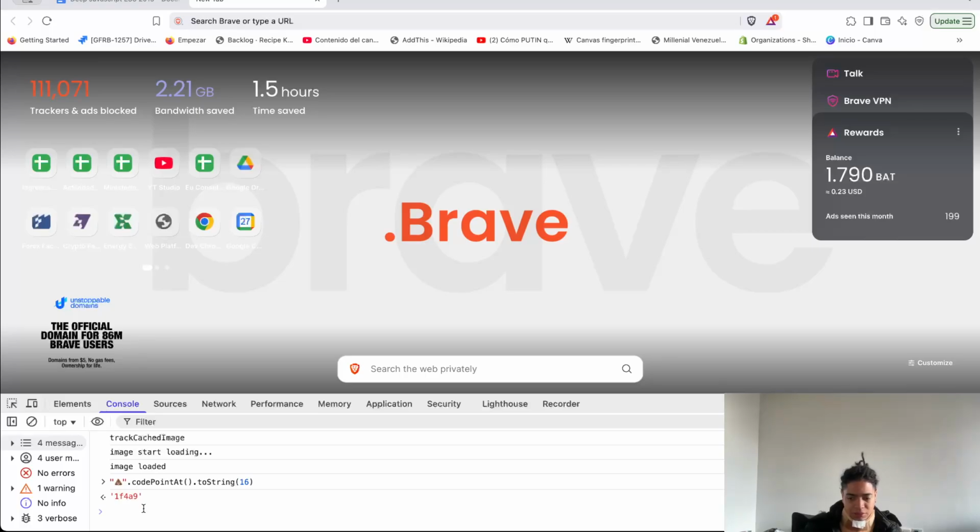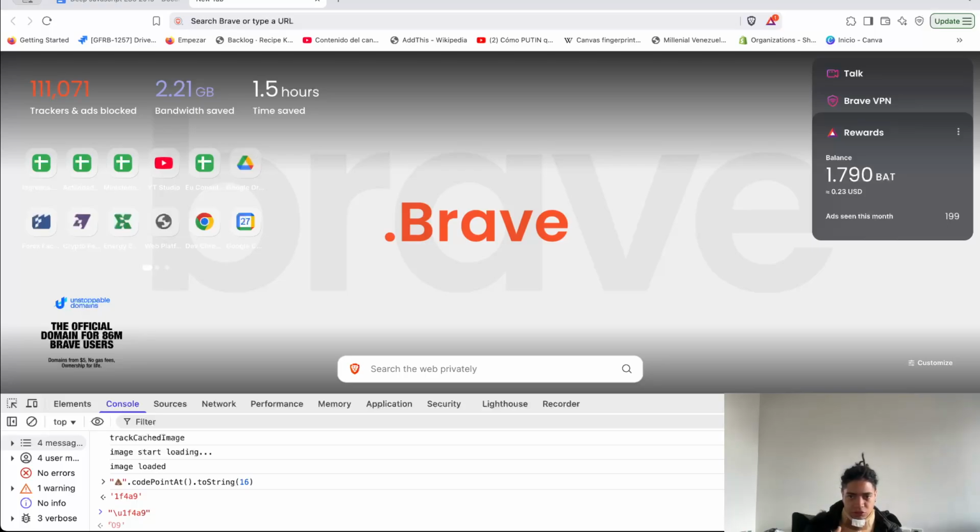how can I use it? Well, take a look at that. I can use the escaping character and say 1F4A9, but as you can see, it doesn't render that. This is because of the internal mechanism of the Unicode escaping character, which only takes a length of four. This is part of the internal behavior.